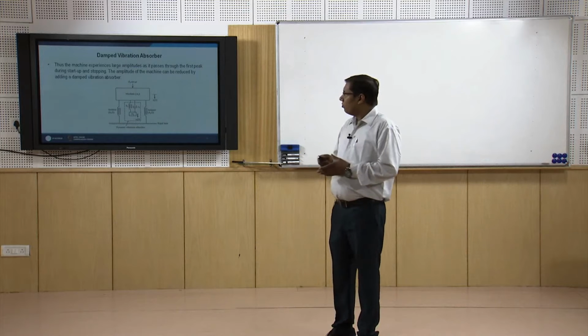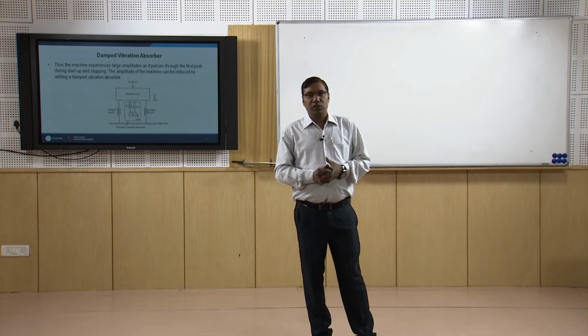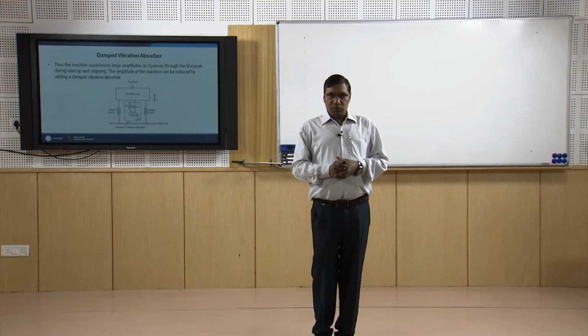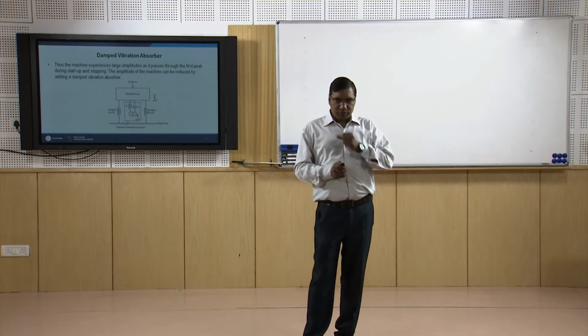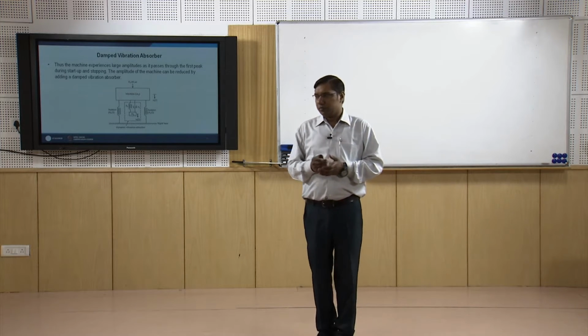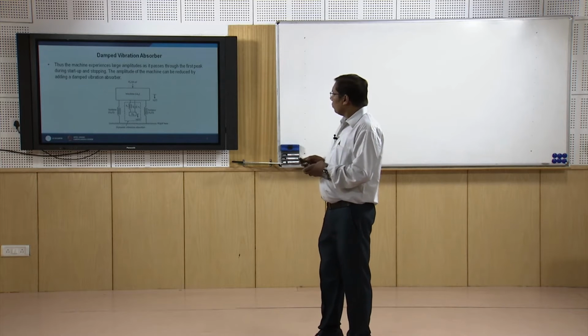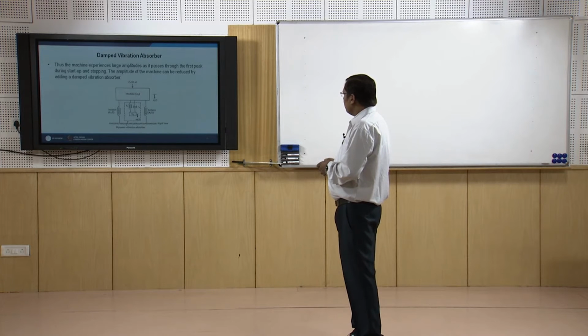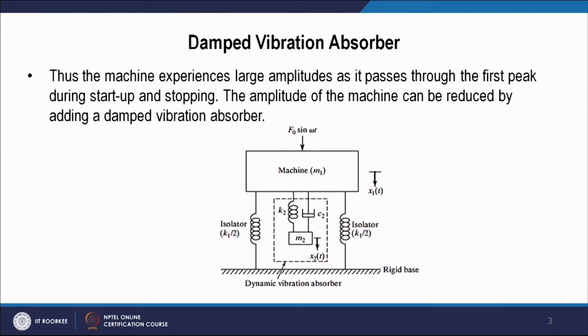Therefore, we will introduce some damping, and therefore the vibration absorber will be called a damped vibration absorber. So here we can see there is a machine supported on some isolator, and the stiffness is K because these two springs are in parallel.